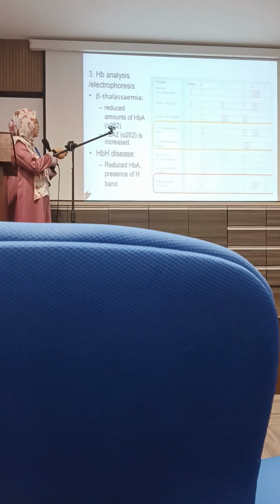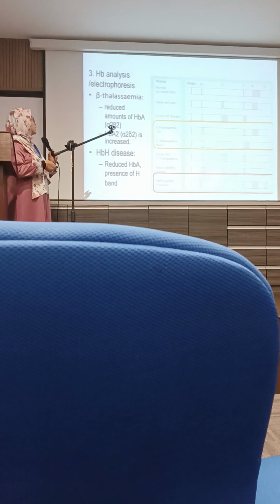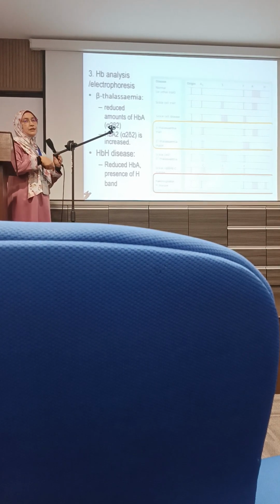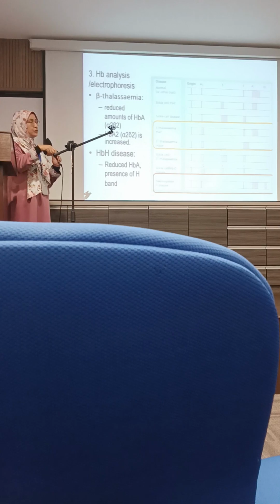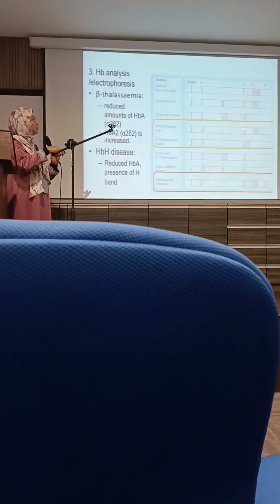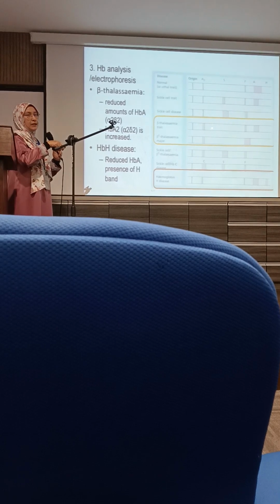So this is the normal one. In beta thalassemia, you akan ada reduce hemoglobin A kan, kalau trait, sebab your beta you kurang kan, so A akan kurang. So the body will compensate by producing more hemoglobin F and hemoglobin A2.